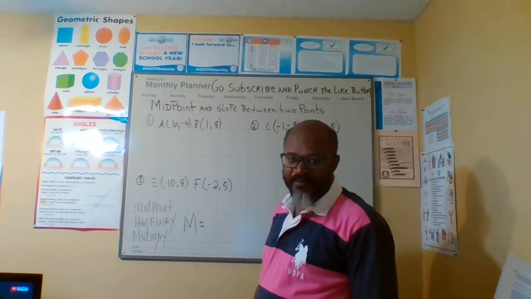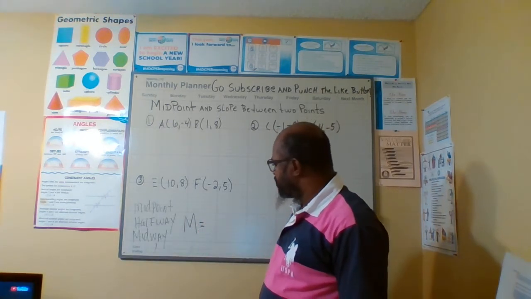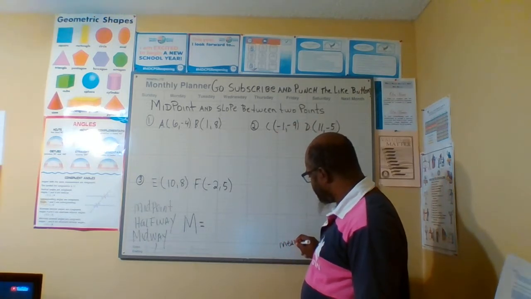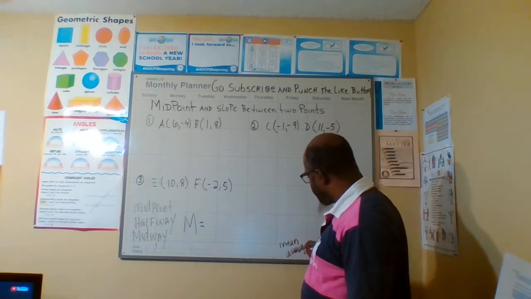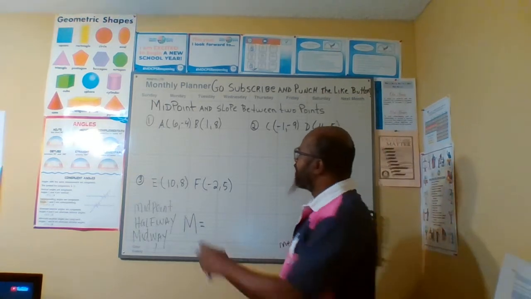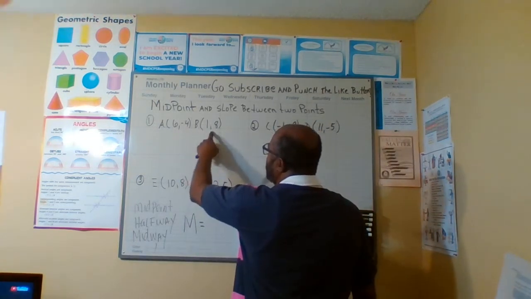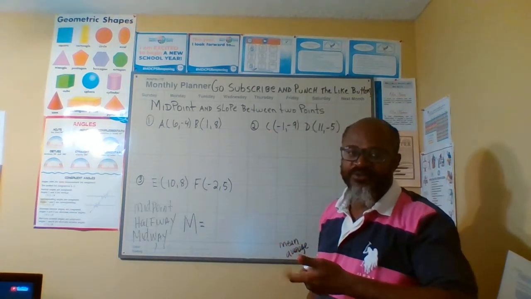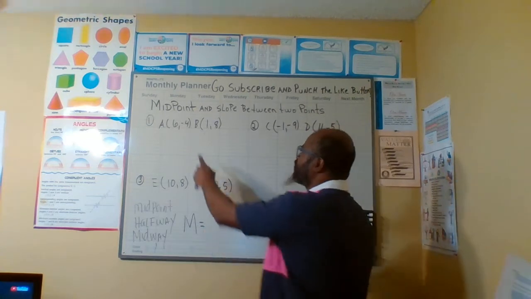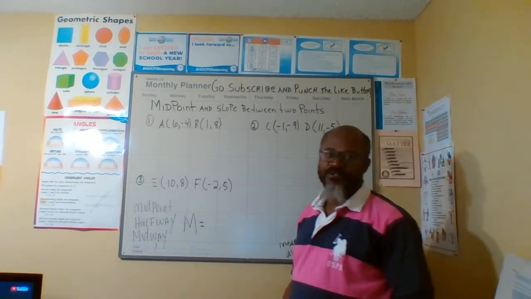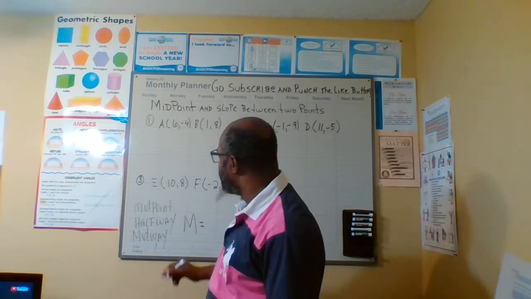In order to find the midpoint between two points, you have to know the concept of mean, or average, how you find that in arithmetic. Since you have two x coordinates, you take the sum of the x coordinates and, since there are two of them, divide by 2. You do the same thing with the y coordinates: sum them and divide by 2. The formula will be provided to you.